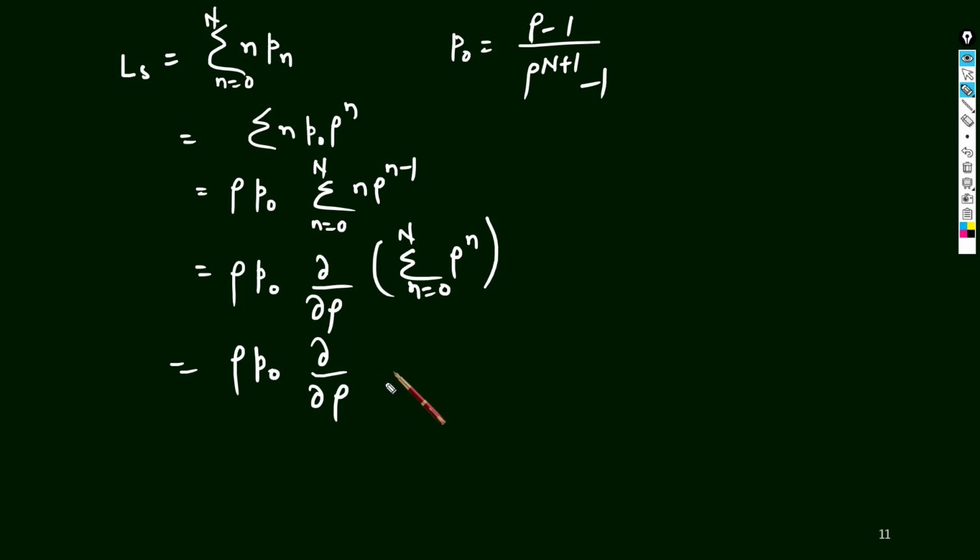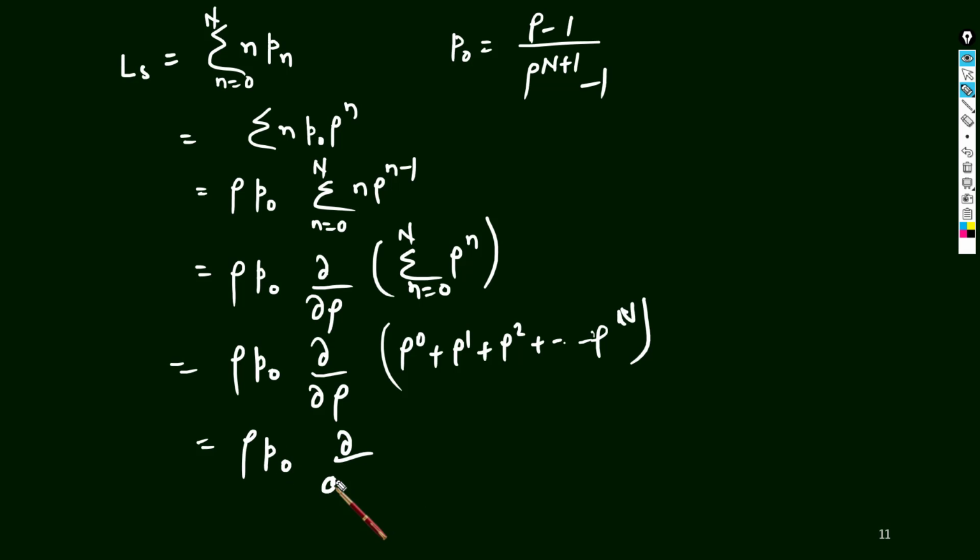So here you just calculate. Rho to the power n means rho to the power 0, rho to the power 1, rho to the power 2, something like that up to rho to the power n. This is a geometric progression, so just write down this one. This will be rho to the power n plus 1 minus 1 divided by rho minus 1.